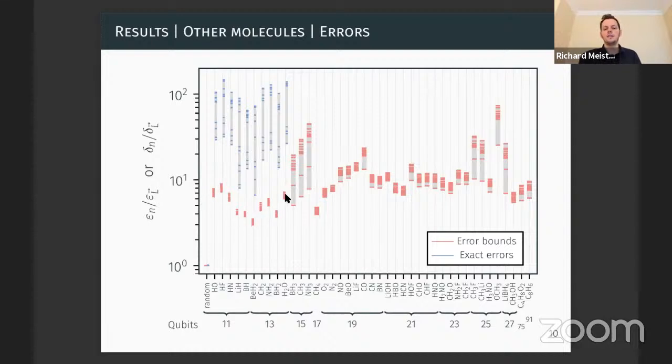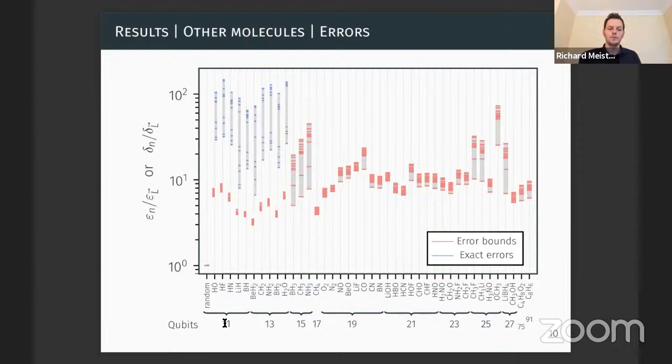And you can see that it fluctuates quite a bit, but it hovers somewhere around 1 order of magnitude that our method is more accurate than the canonical one for these molecules. And for the exact errors, it's even more than that, which is what I mentioned earlier, that our method outperforms the bound by a lot more. So here it ranges from anywhere from 1 to 2 orders of magnitude.